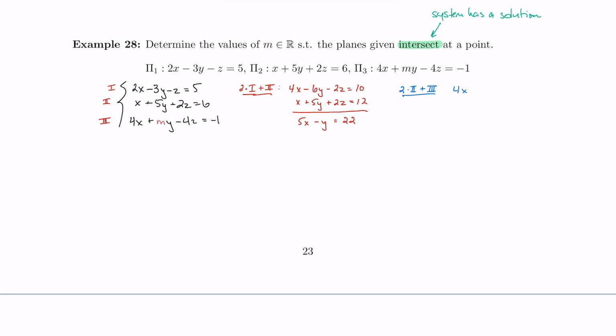So let's see, that's going to give me 4x plus 10y plus 4z equals 12, and 4x plus my minus 4z equals -1, and that's going to give me 8x plus 10 plus my equals 11.